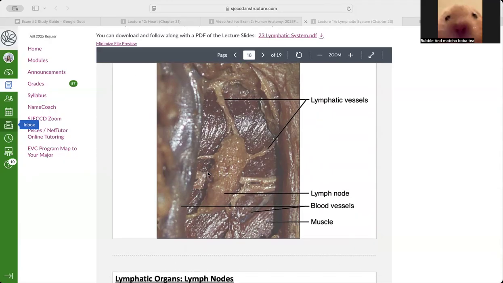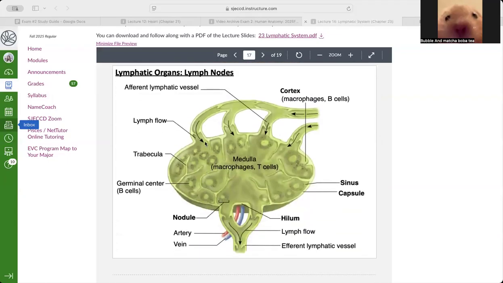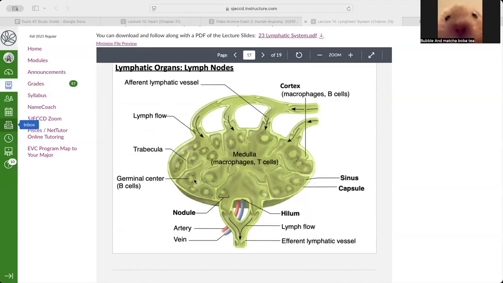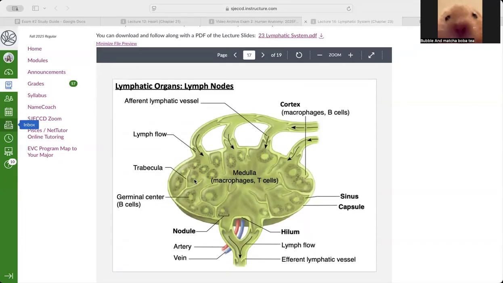They have an exterior capsule, and outside the lobule is considered the cortex. So outside here is the cortex. This is the medulla, and trabeculae are in the middle. The germinal center is the middle of these little cells, where the B cells hang out and produce antibodies. And they are also true organs.